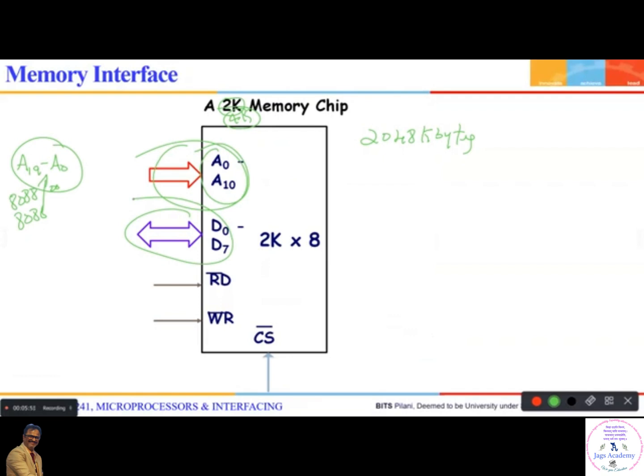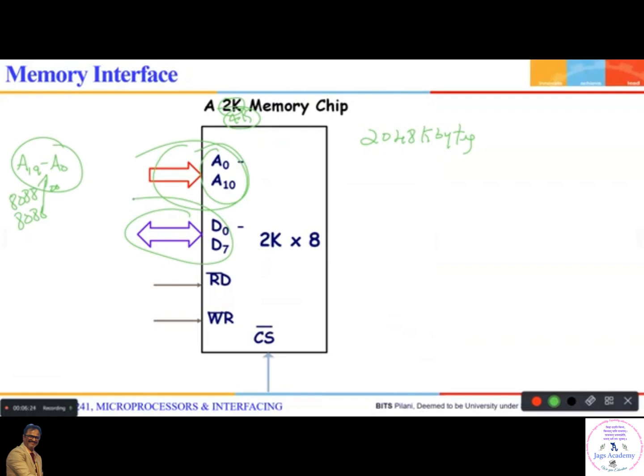Now, what else does it have? The read bar signal. What is the purpose of the read bar signal? Whenever a low signal is given to this, it means we are reading from the memory. What is the purpose of the write bar signal? Whenever the microprocessor generates low on the write bar signal, it would like to write data into the memory.